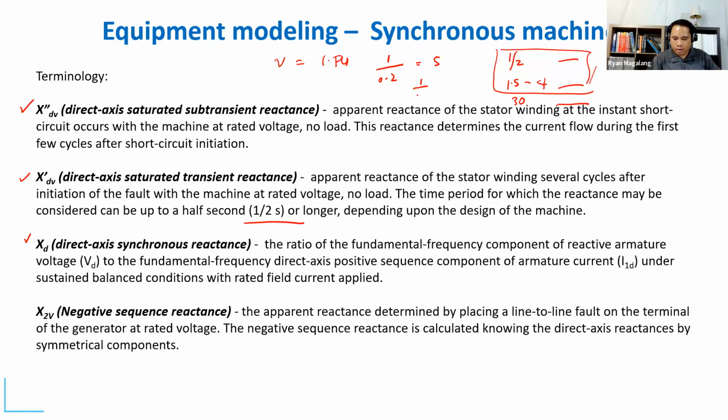Let's say, what's the easiest number? 0.25, just to make it easy. So now you have 4. So it's easier to do that, to vary the impedance instead of varying the voltage.